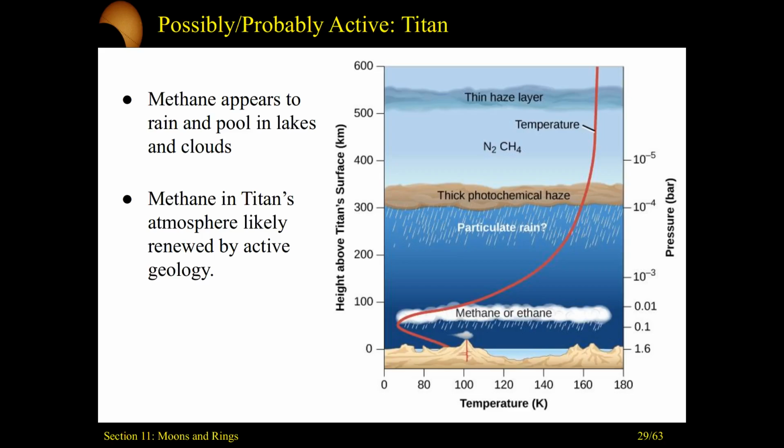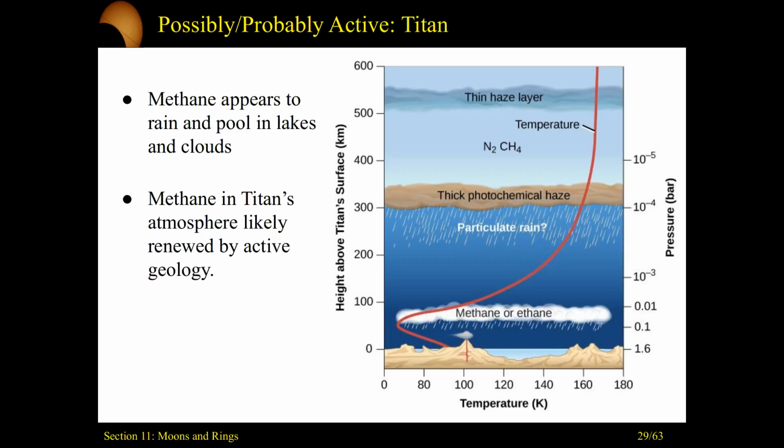Even crazier parts about Titan is that this means that there's probably rain of methane or ethane there. There is this literal downpour of these gases into liquids on this moon.